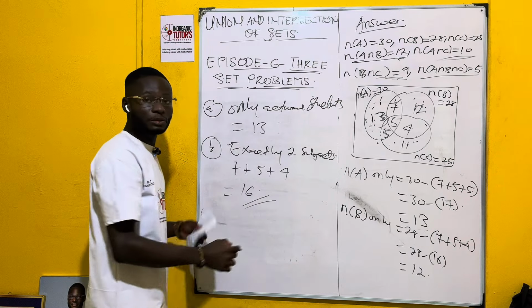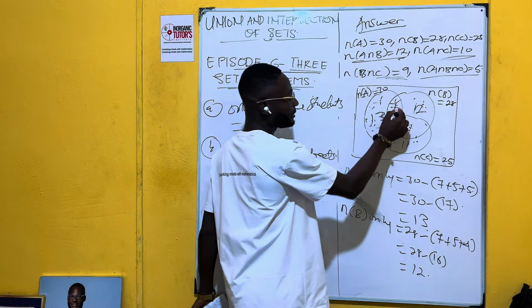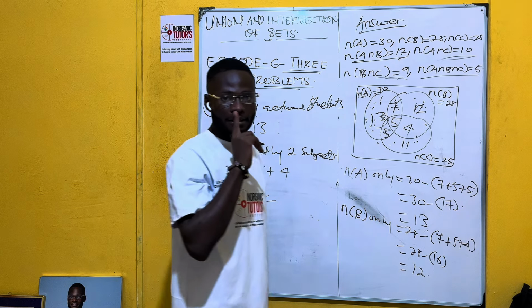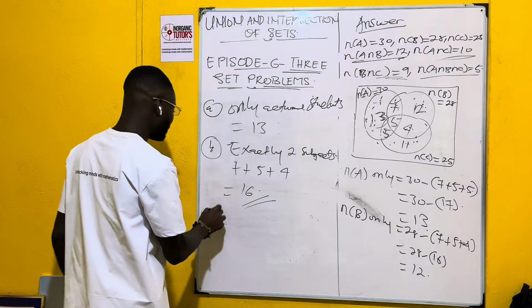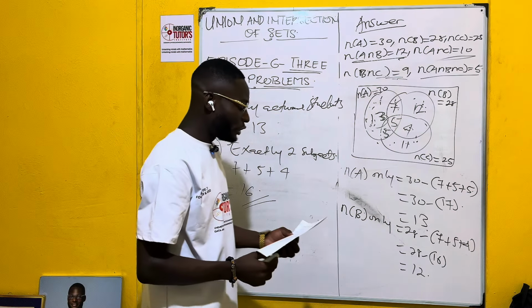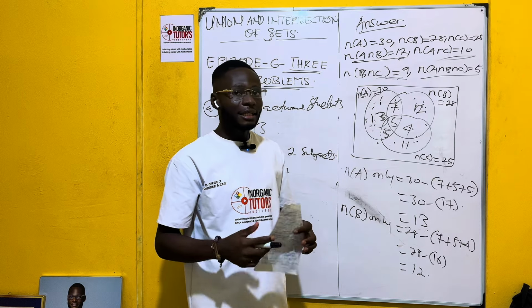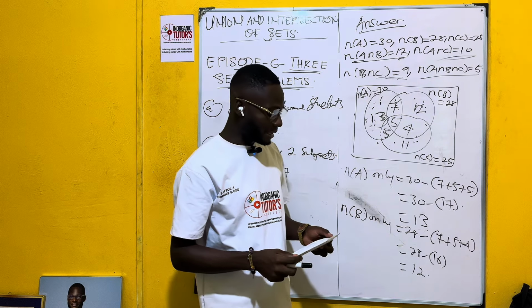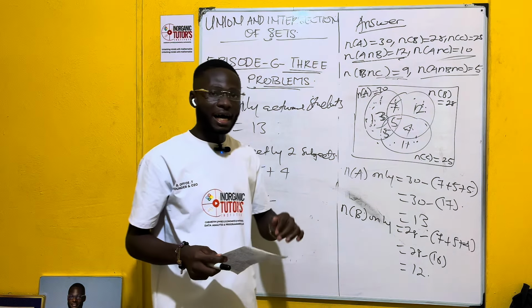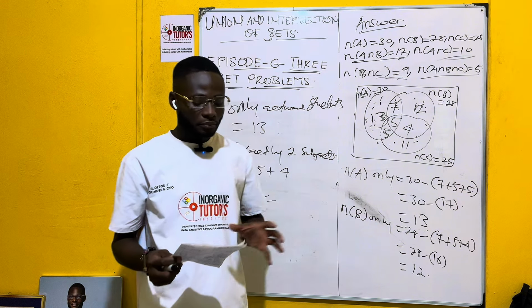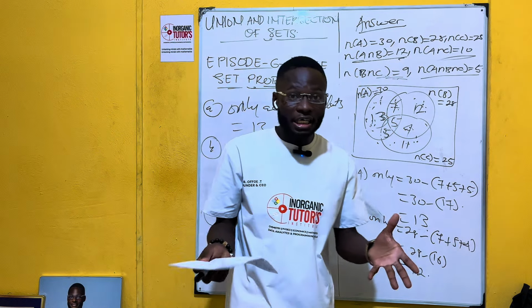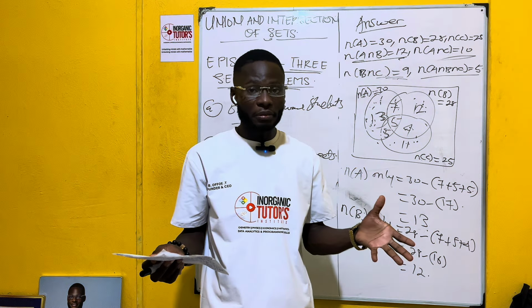So exactly two subjects is this and that. Great. C, if you are to find none of the subjects, that means you are going to find, or you can use the formula, right?